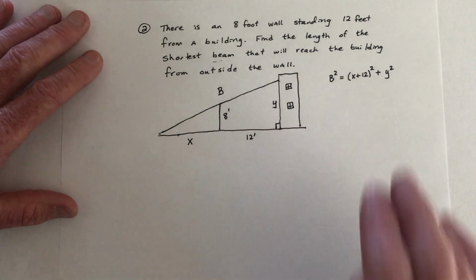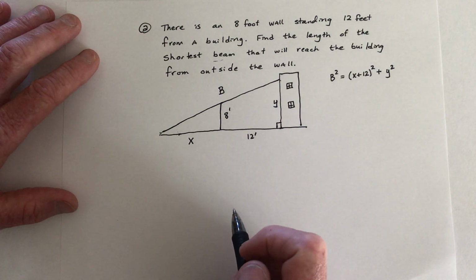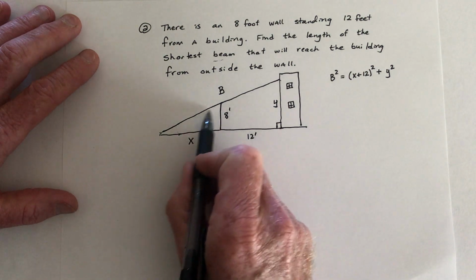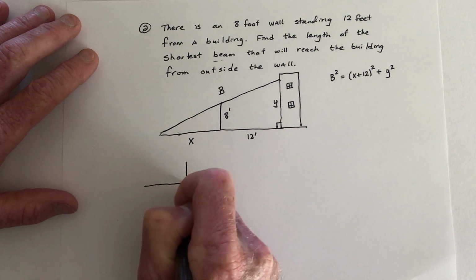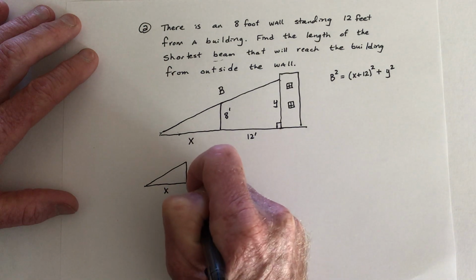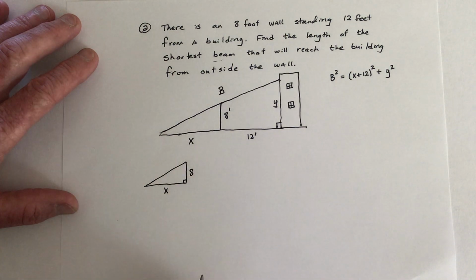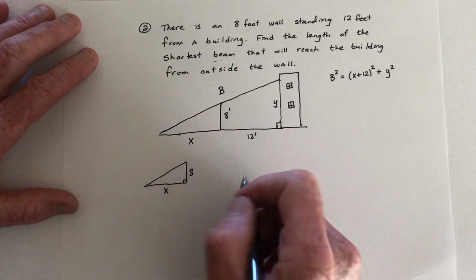So I'll leave this part over here and I'll take the derivative later on. Now what I'm going to do is look at this little triangle right here. If I take that out, it is a little right triangle where the bottom is x and going up is 8. Now look at the whole right triangle.